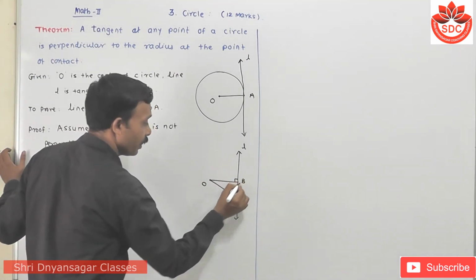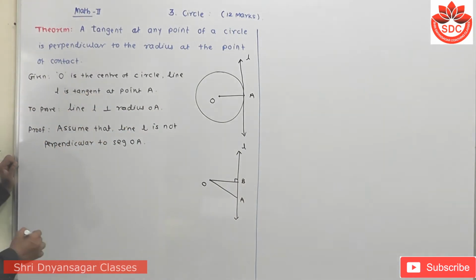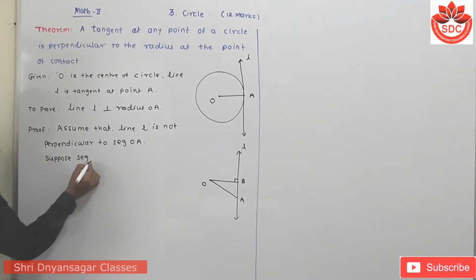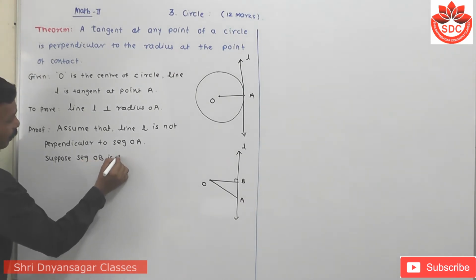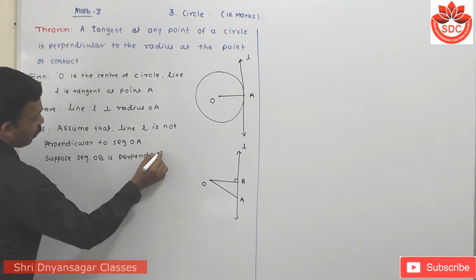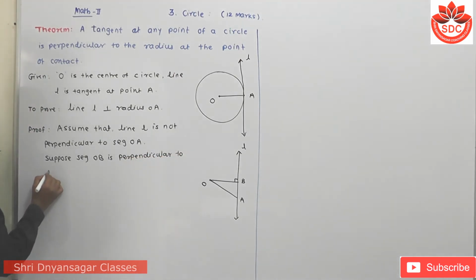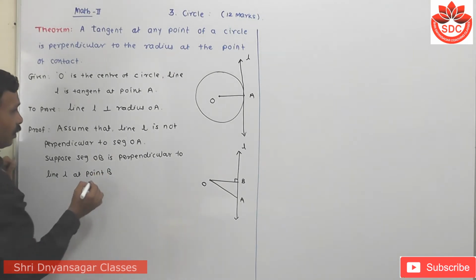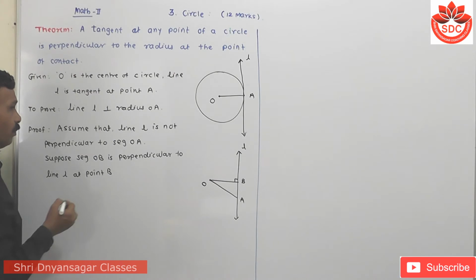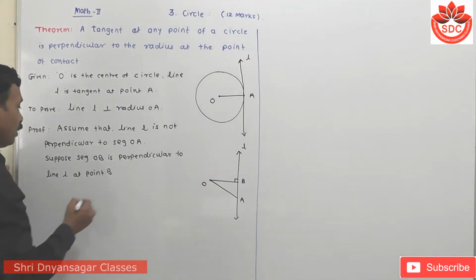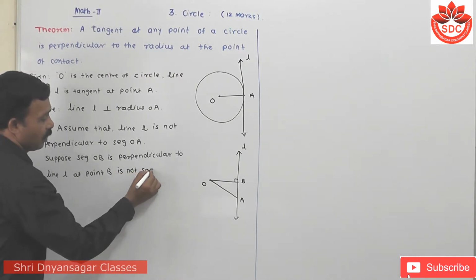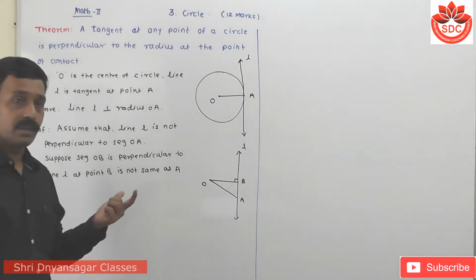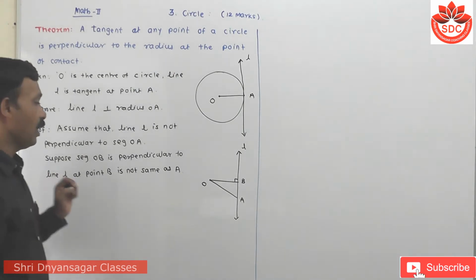Suppose this perpendicular point is B. This is the perpendicular point B. So I write: suppose segment OB is perpendicular to line L at point B. B is not the same as A.